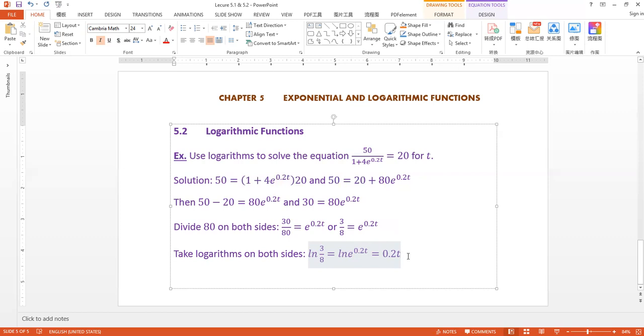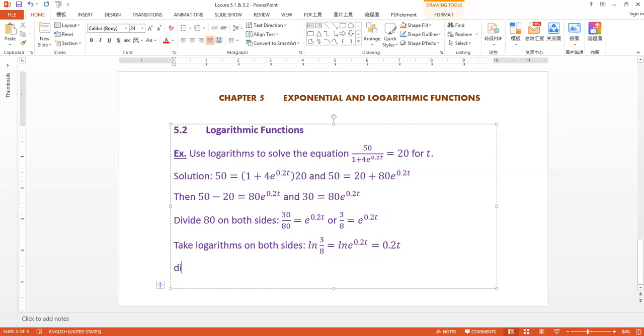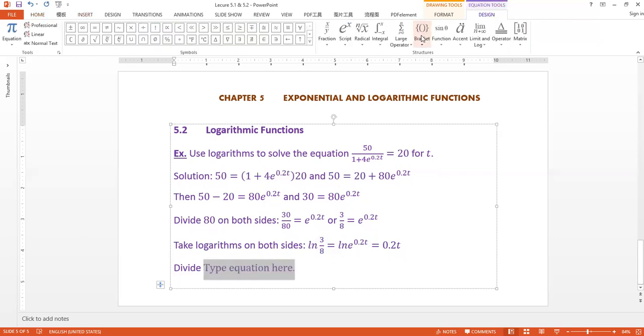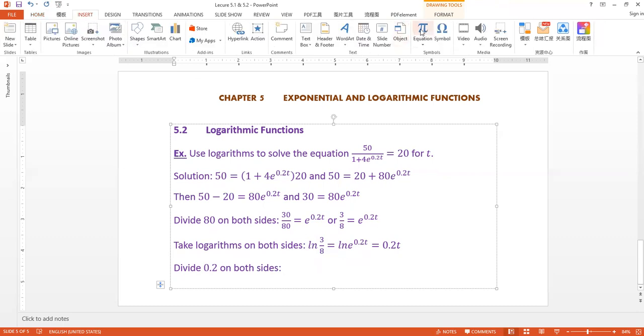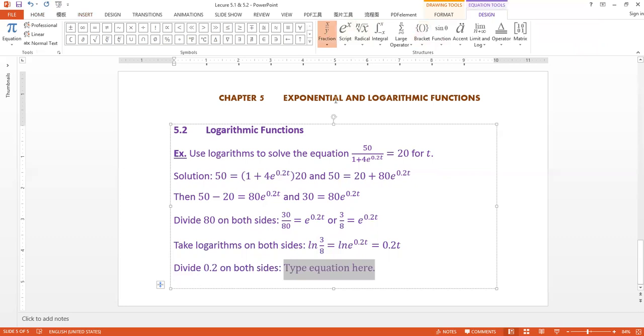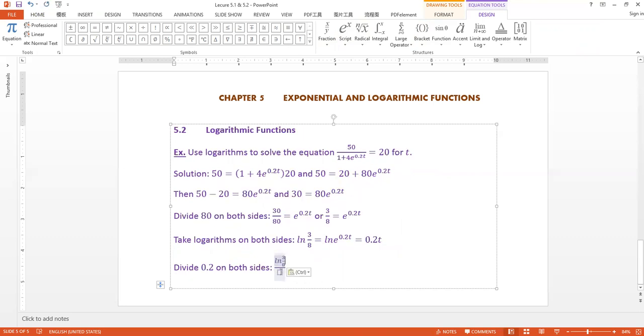Okay. So now we can solve this equation easily by dividing by 0.2 on both sides. So then we got ln 3/8 over 0.2 equals t.